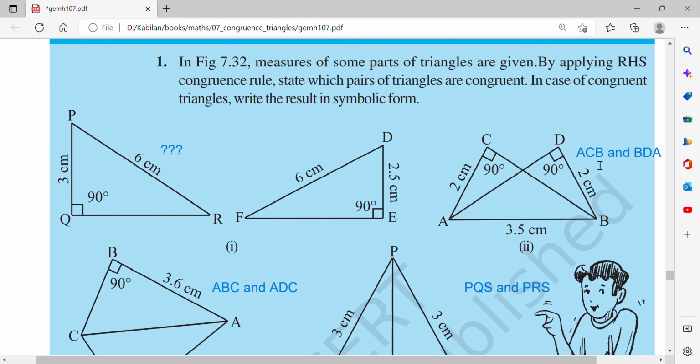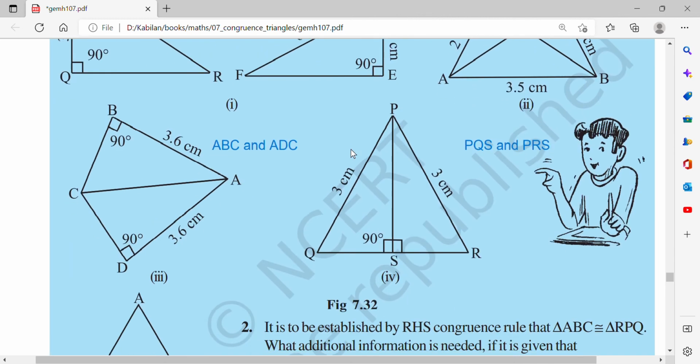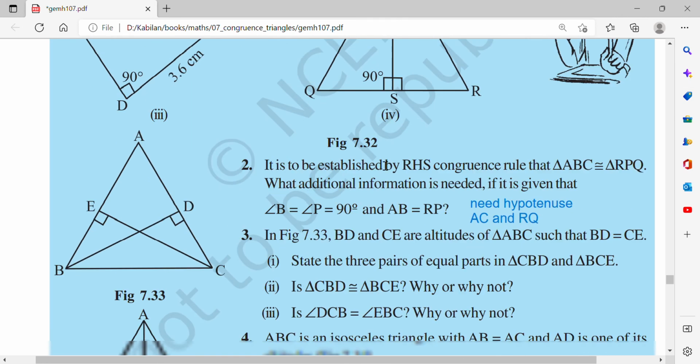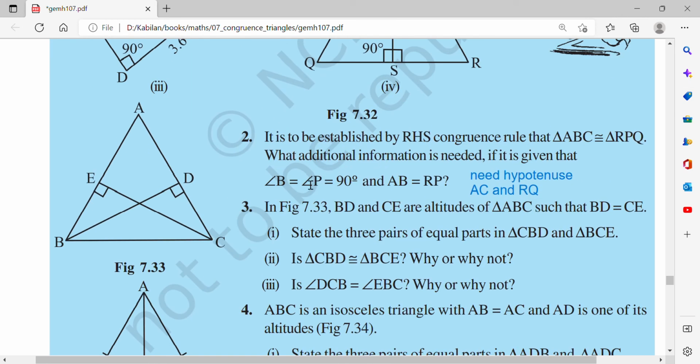So you should write the congruence like this: ACB is congruent to BDA. So this is how the congruence is done. This has a common side. So what is required here? You need the hypotenuse AC and RQ.